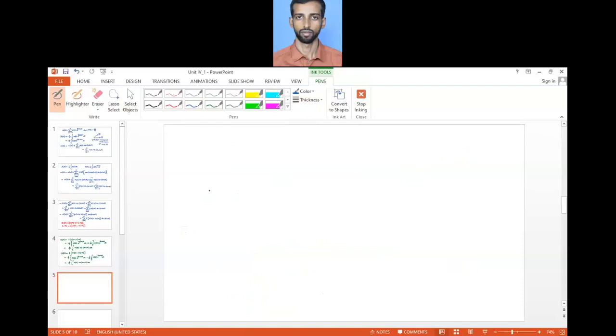So in the time domain, as you know, there could be two different characteristics of the signal. One is that the signal can be continuous, or it can also be discrete.